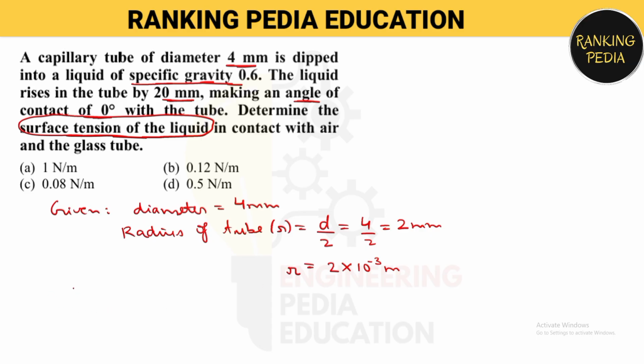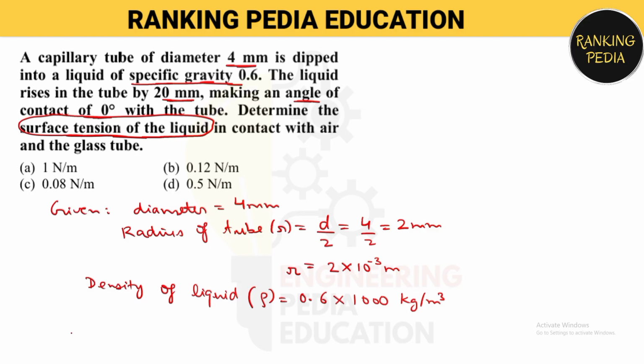Next, what is given? Density of liquid, denoted by rho, is given 0.6 into 10 raised to the power 3, or 1000 kg per meter cube.